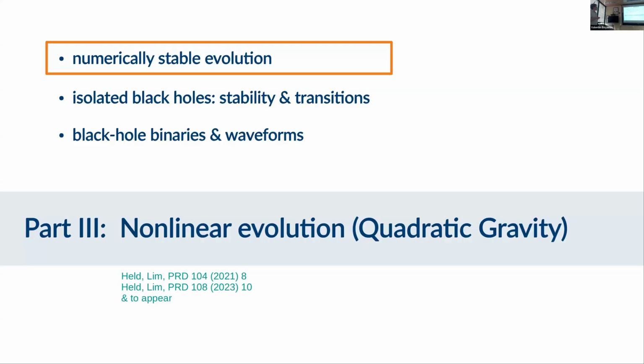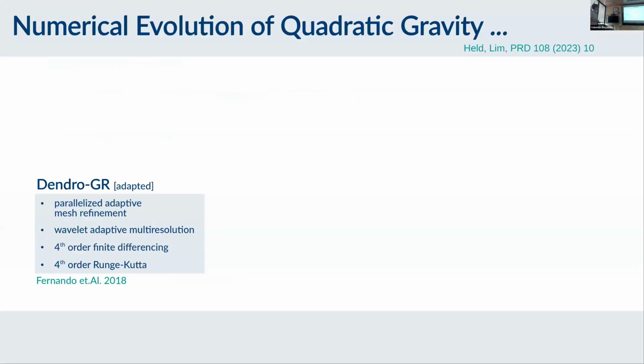Okay, so first numerical stability. So now if you perform numerical simulations, you are probably familiar with what I'm going to say. We use adaptive mesh refinement, obviously, because we really work in 3+1 dimensions. So that's crucial to making the numerics feasible.